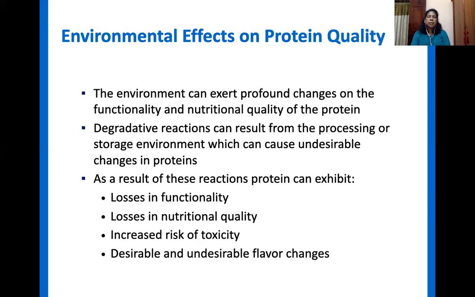As a result of these reactions, protein can exhibit loss in functionality, losses in nutritional quality, increased risk of toxicity, and desirable and undesirable flavor changes. Now, environmental effects: let me know what the environmental effects are and how they can happen. Type some answers. What are the environmental effects we mentioned?